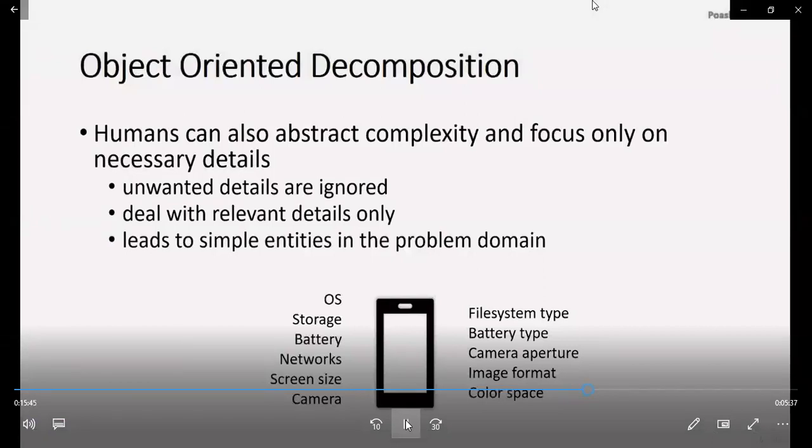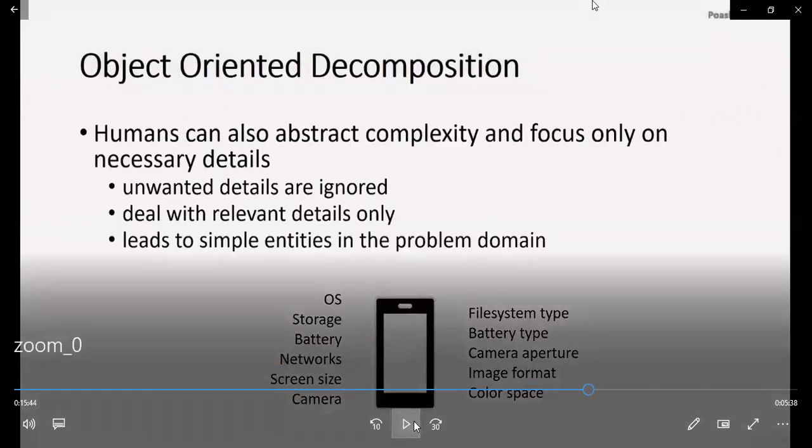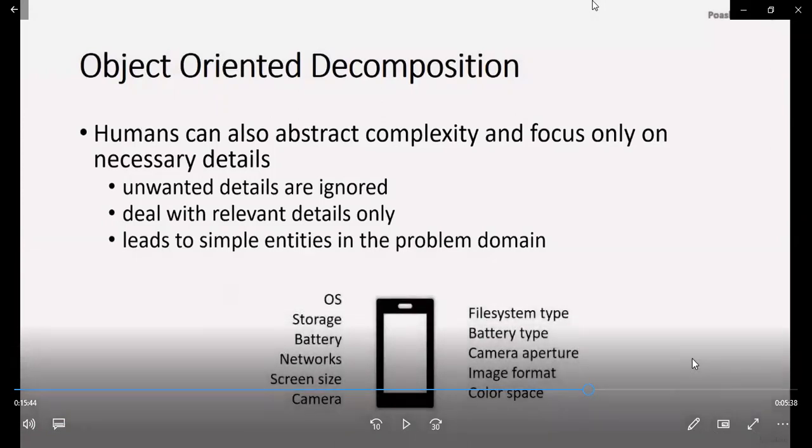But there are some complex details as well. For example, what the file system type is, what the type of battery is, whether it is lithium-ion or lithium polymer, or what the field of view of the camera is, or what the color space of the screen is.